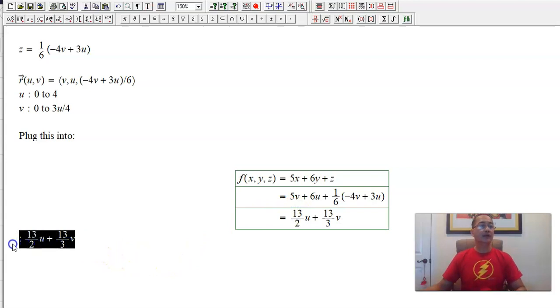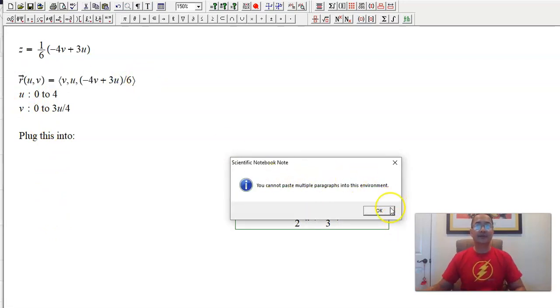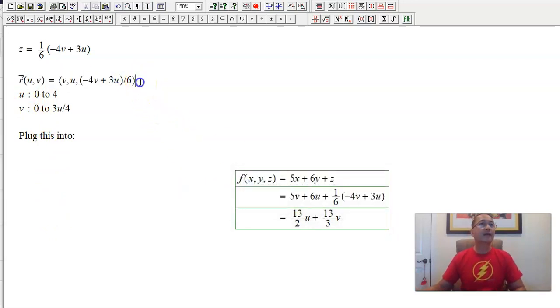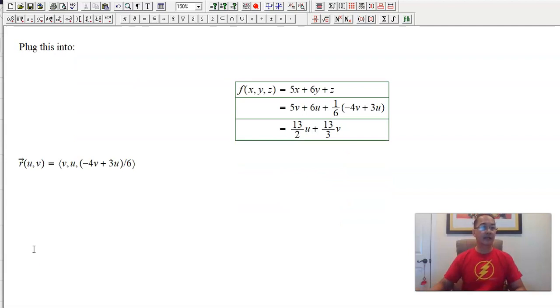Okay, so we also need the R_u, the R_v, and we're going to take that cross product and find the length of that cross product. So we have this, and we will take the partial derivatives. We need R sub u.